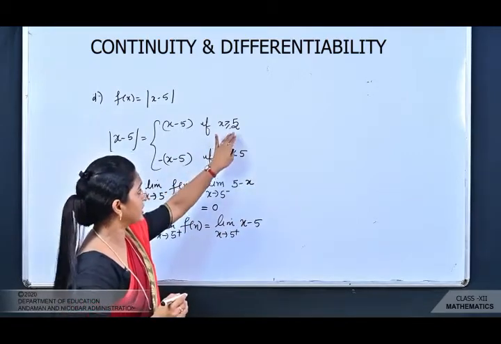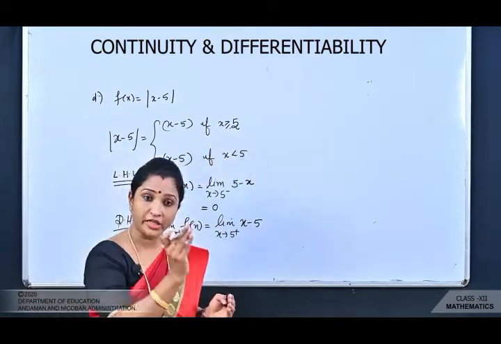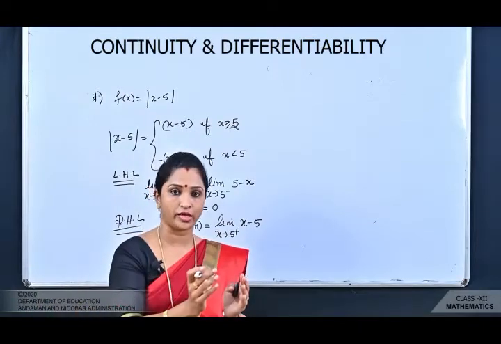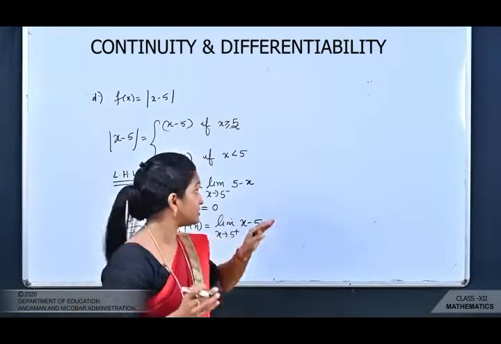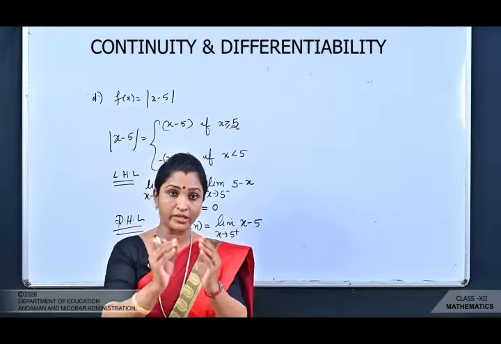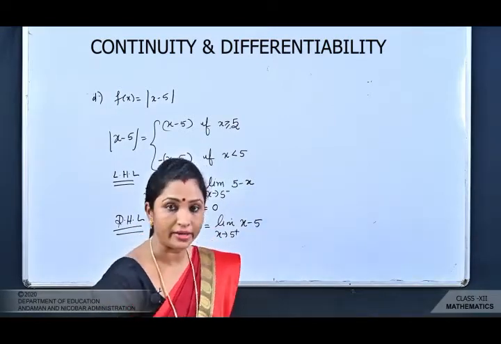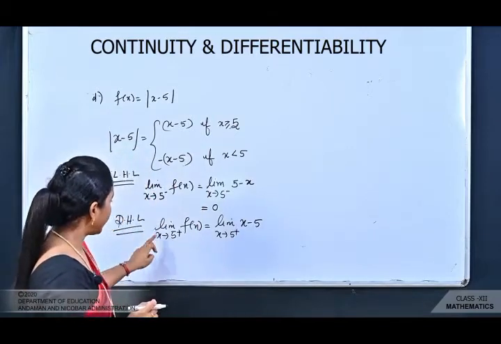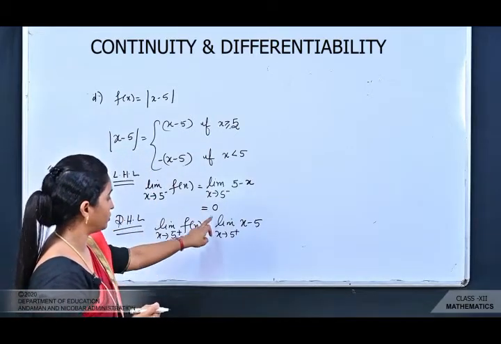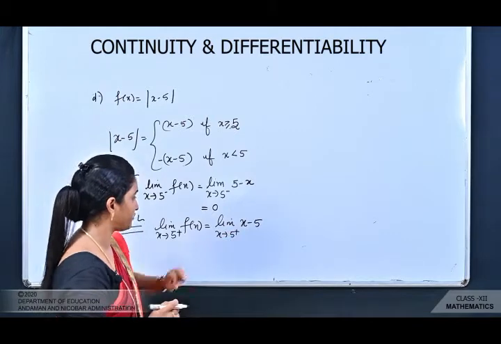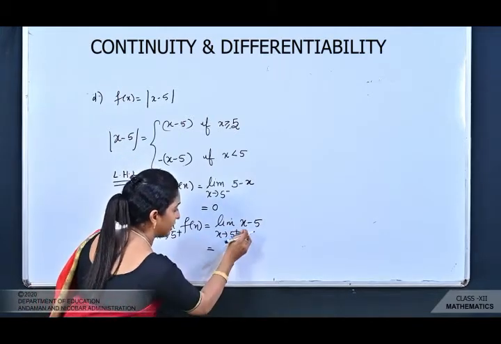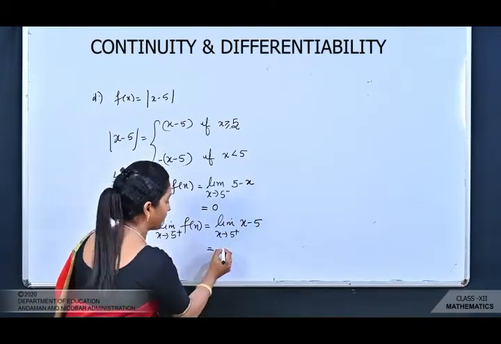Clear? x greater than 5 means it is approaching 5 from the right, which we call the right hand limit. And less than 5 means it is approaching 5 from the left, and the meaning is your left hand limit. So here limit x tends to 5 plus f(x) is equal to limit x tends to 5 plus of x minus 5. Now when you substitute x as 5, you're going to get 0.